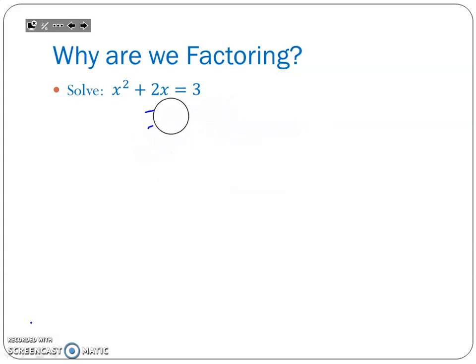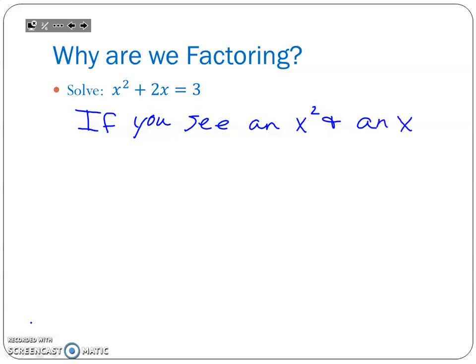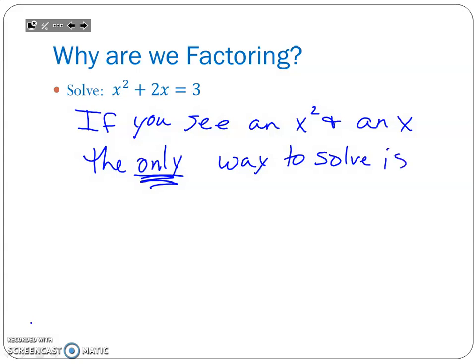Okay? So the most important thing you guys will get from this page here is if you see an x squared and an x, the only way to solve is by factoring.